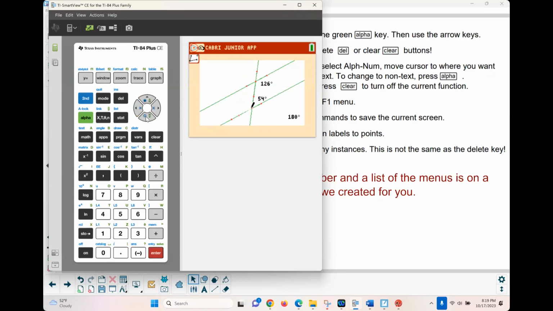Enter. And then the third point will be along this line somewhere. Again, you'll notice it's kind of dashed, and I'm going to press enter. And as soon as I do that third point, it's showing me the measure of the angle, which I can pull off. And not surprisingly, it's 54 degrees. So I'll press enter to drop it there and then press clear to turn off that command.